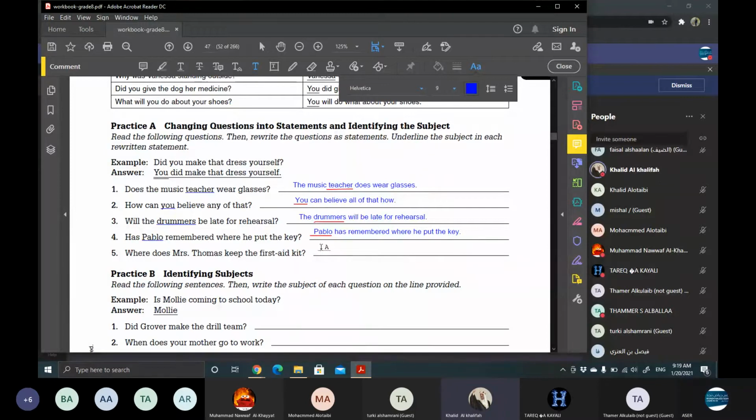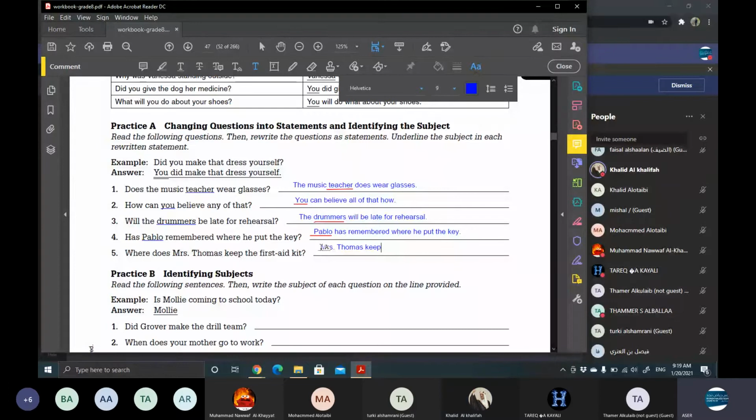Where does Mrs. Thomas keep the first aid kit? Mrs. Thomas keep the first aid kit. Thomas. Yes. Mrs. Thomas. Keep the first aid kit.